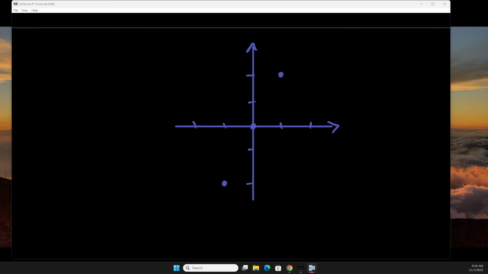Sorry, my calculator's super slow. Alright, 1 divided by the square root of 2 is 0.707. So at -0.707, and then negative about 1.2, we have a point of inflection. And then a point of inflection at the positive versions of that also.